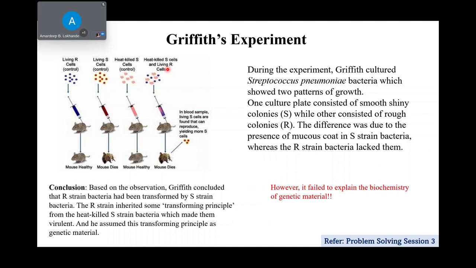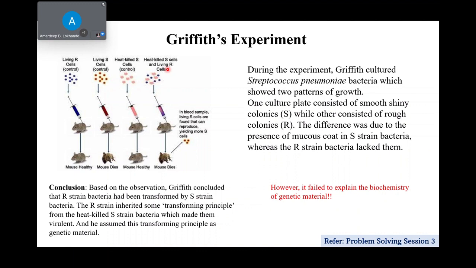So they extracted proteins, DNA, RNA, lipids, and everything else, and then they introduced each of these components into the cells. And they found via this experiment that DNA was the genetic material, and this was responsible for the transformation.